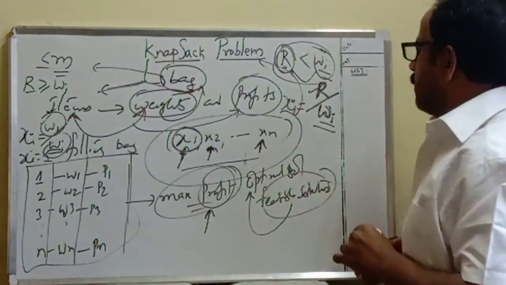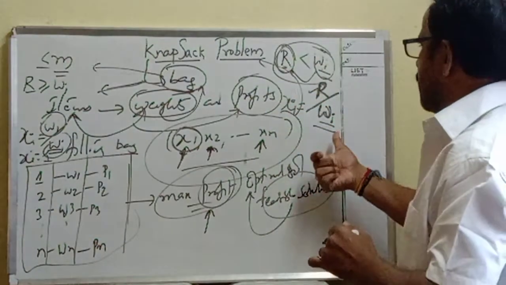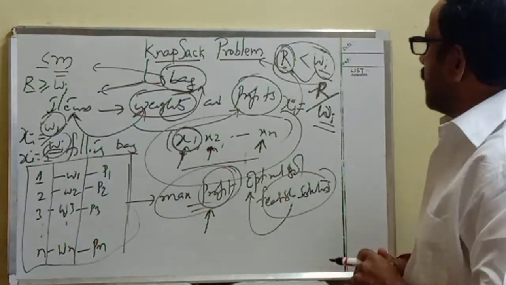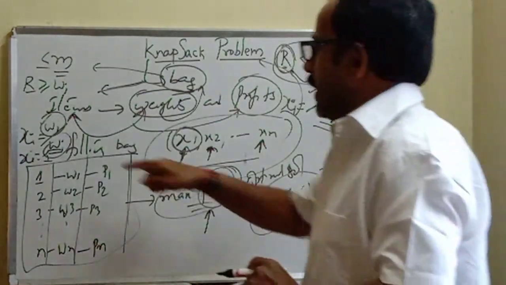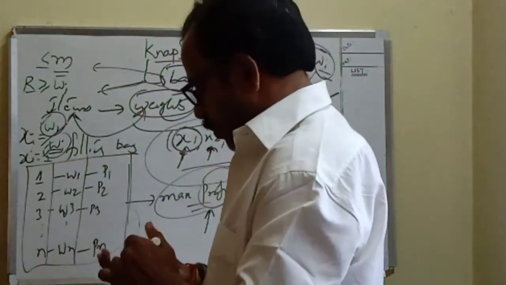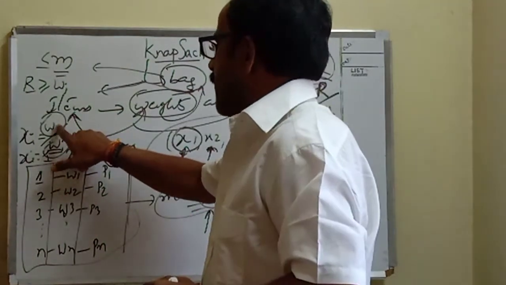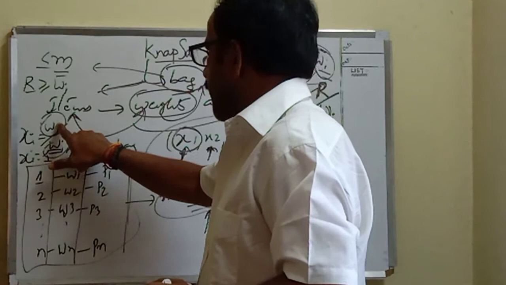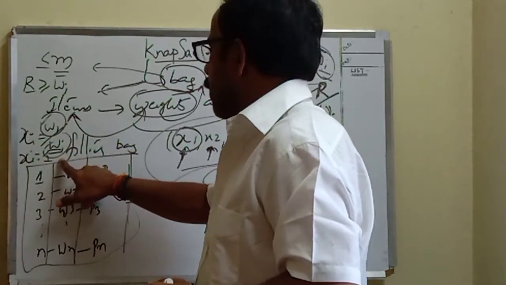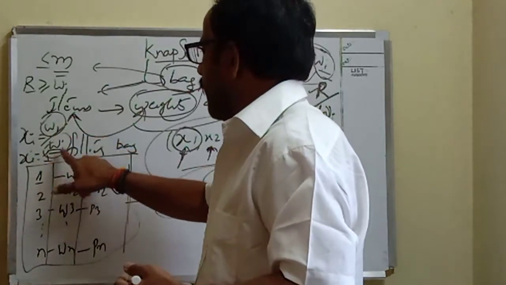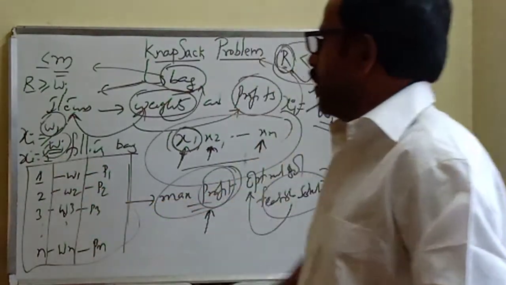Then the solution becomes Xi equal to R by Wi in this case, because here the remaining knapsack capacity is less than the item weight. But in the other case the Xi solution becomes 1, because out of Wi we can select the complete weight. So the extracted item weight by item weight becomes the solution of each item.